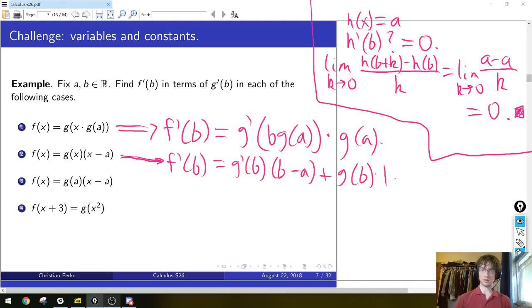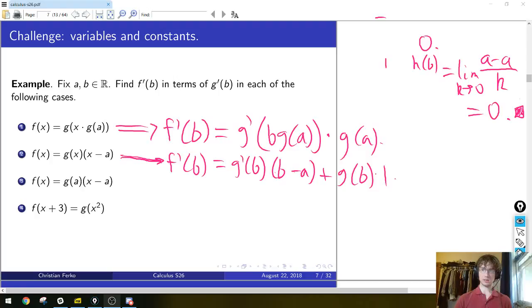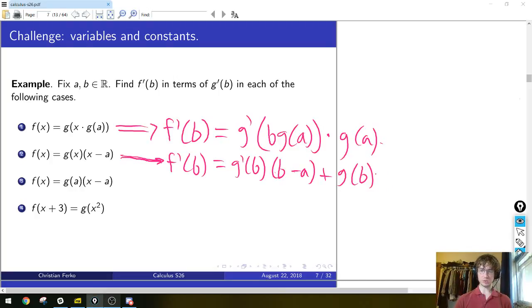Good. Okay, so I will erase this to make room. Okay, so we're happy that the derivative of a constant is 0, which is the reason why this was g of b times 1 and not 1 minus a. Then let's do the third thing. So this looks very similar, but with g of x replaced by g of a.